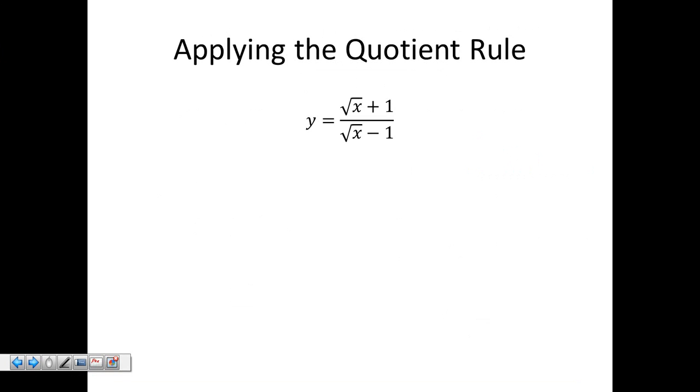Now let's take a look at one where I could not divide out the bottom, or at least trying to would be ridiculously difficult. I'd probably have to multiply by a conjugate maybe. Whew. Let's just go ahead and use the quotient rule on this. When I take the derivative of the bottom, I'm going to have to take the derivative of a square root of x.